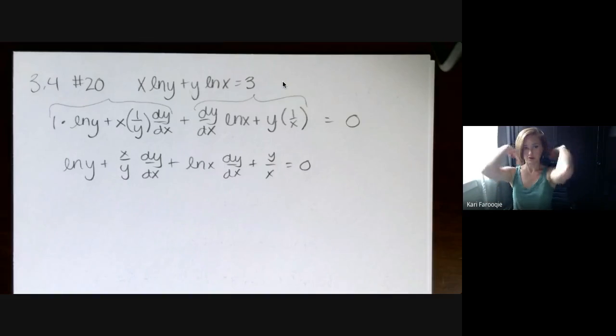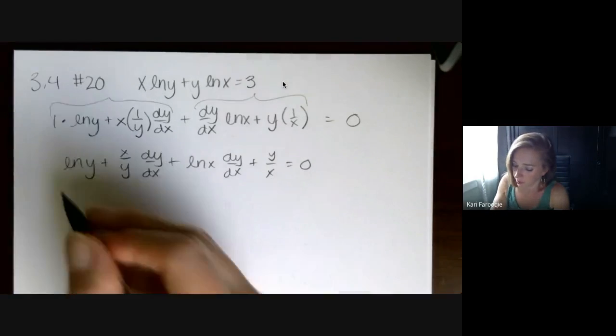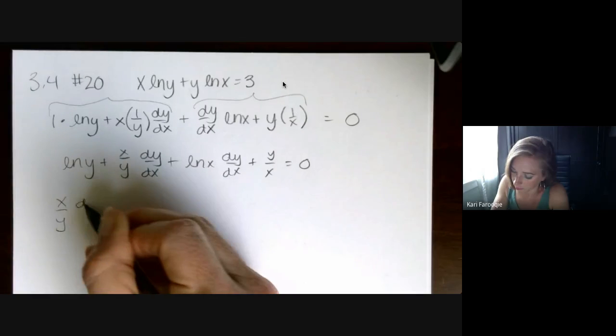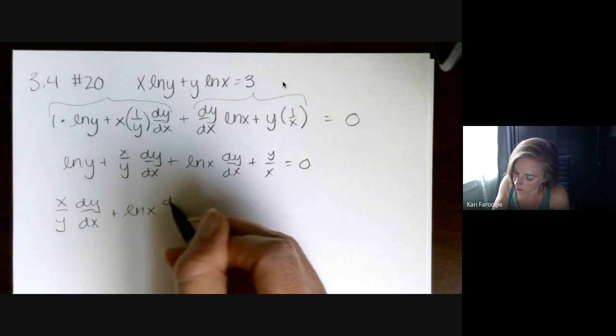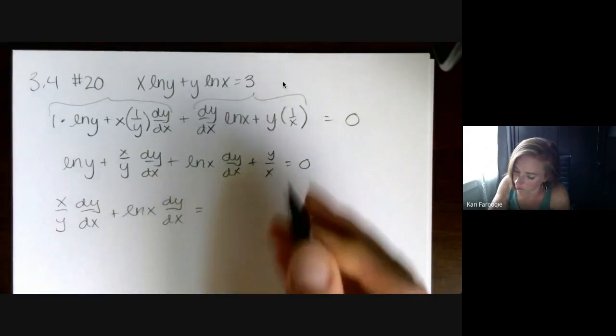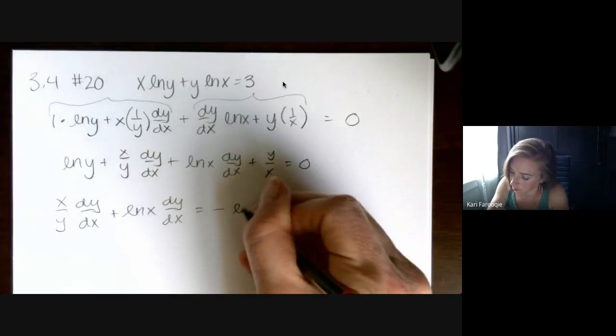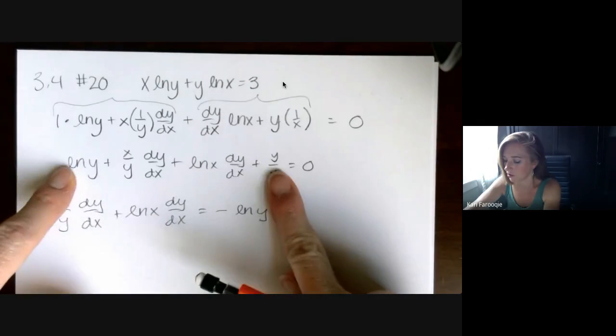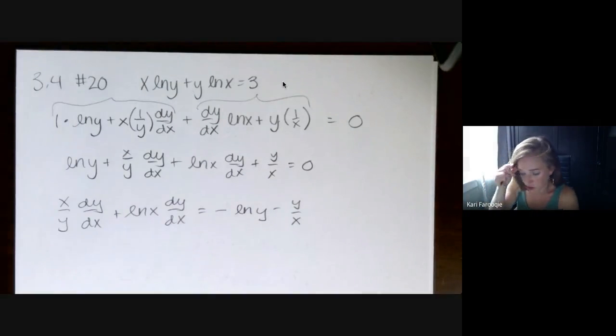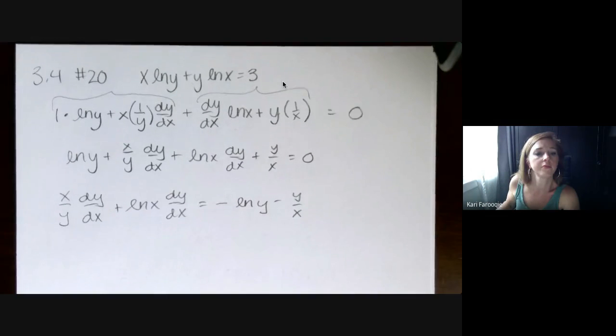Okay, so I'm going to leave all the dy/dx terms on the left. Everything else I'm going to move to the right. So those are going to get negative signs on them. The two non-dy/dx terms, when I move them over, change the side, change the sign.